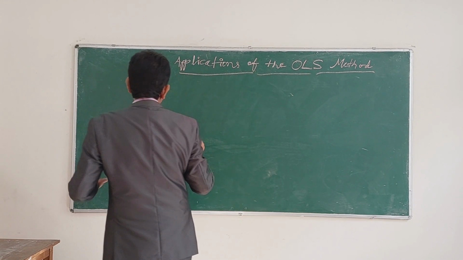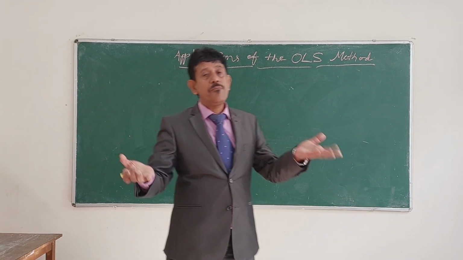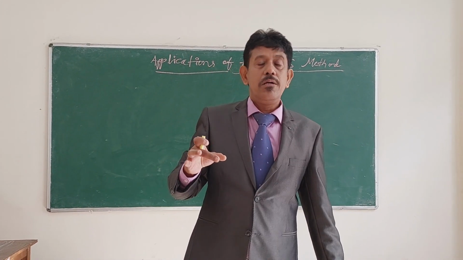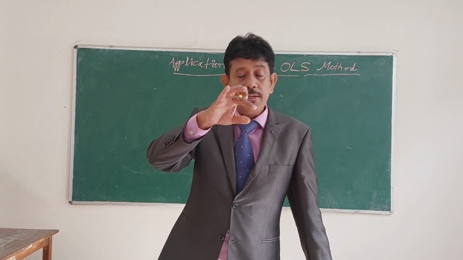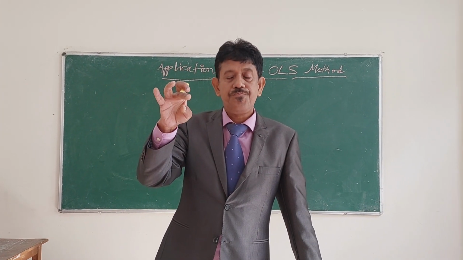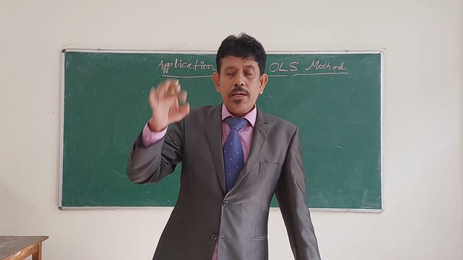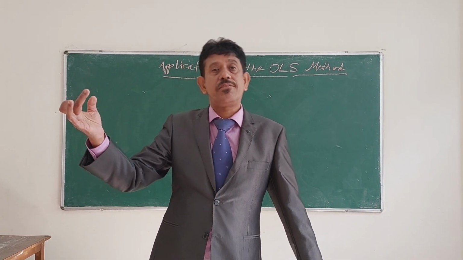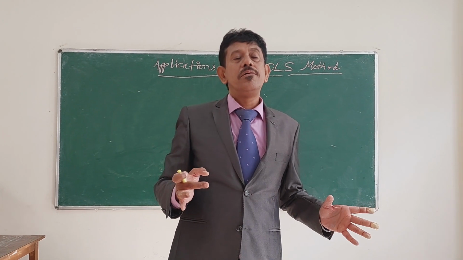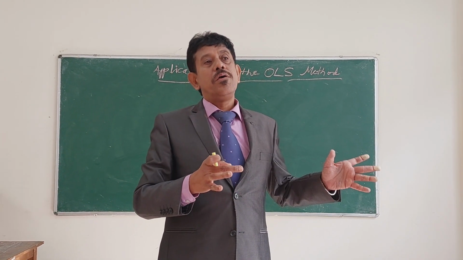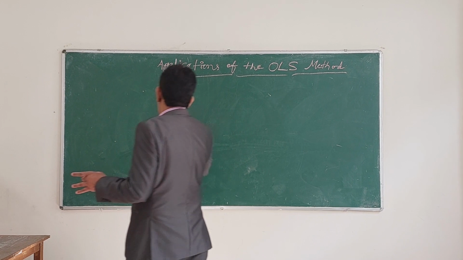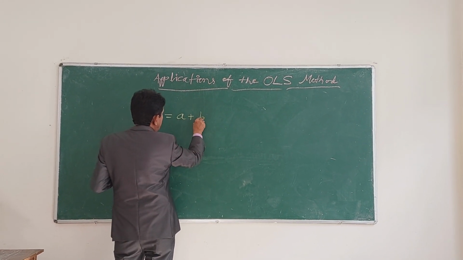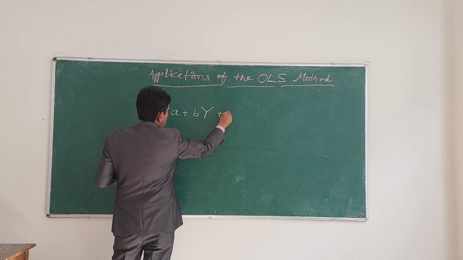So you see, again I am going back to the relationship between income and consumption, between x and y. I had assumed income to be y and consumption to be x, and we had the relationship written as x is equal to a plus b y plus e.